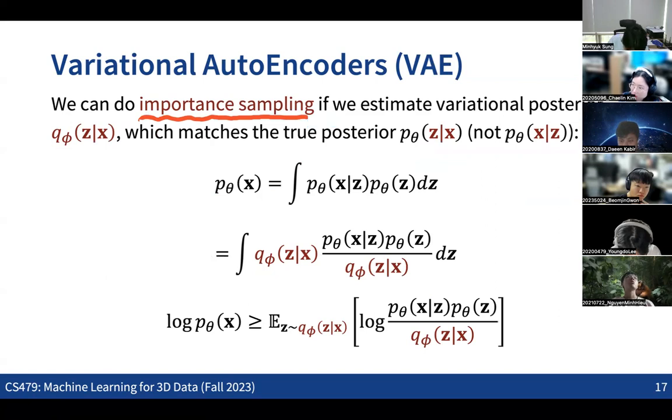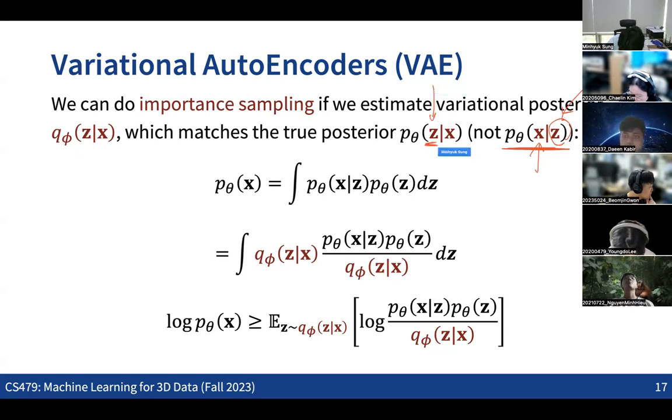If we get some information like the probability of x given the samples from the unit Gaussian, and if we can also get the opposite, like the conditional probability of the sample z, which is the sample from the unit Gaussian, given the data distribution, then we can do importance sampling. So basically multiplying these two here.